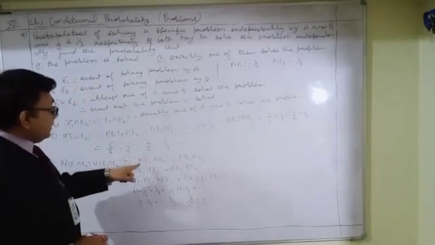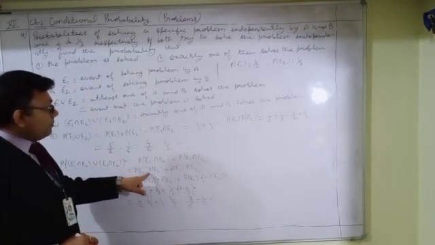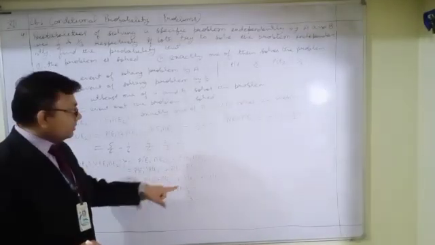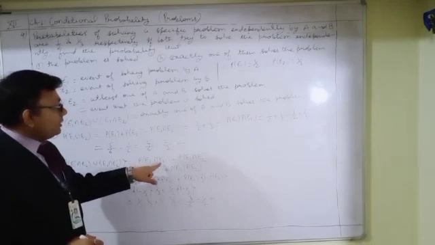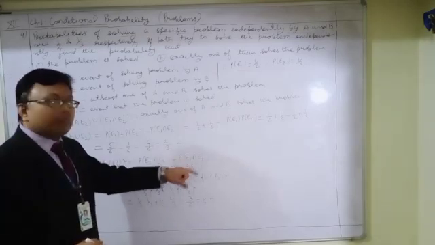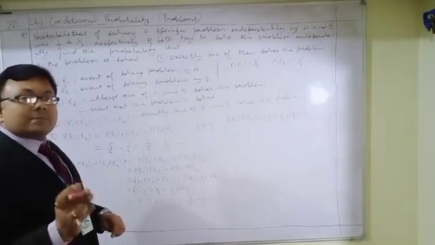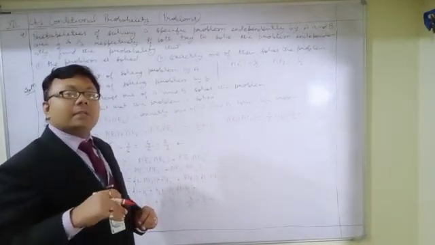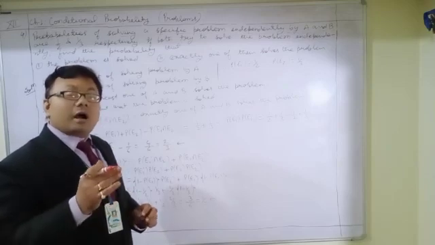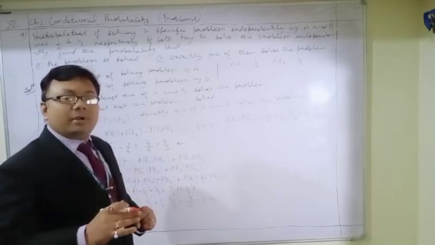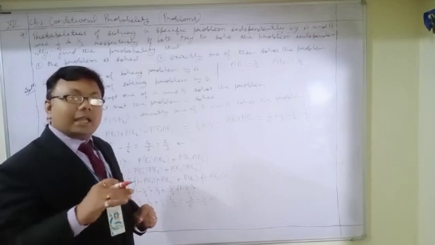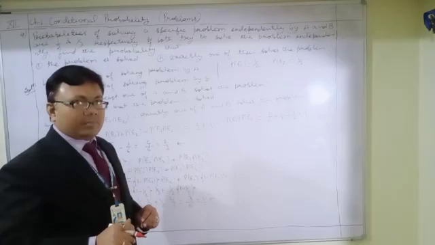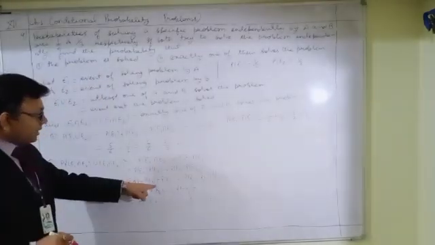Next we write probability of E1 complement into probability of E2 plus probability of E1 into probability of E2 complement. It is so because E1 complement and E2, similarly E1 and E2 complement, are independent events. We know that if two events A and B are independent, so are A and B complement, A complement and B, and A complement and B complement. That's why we can write it like this.